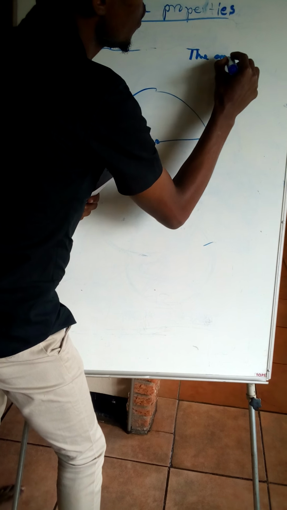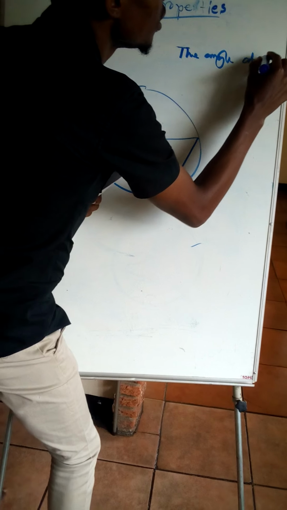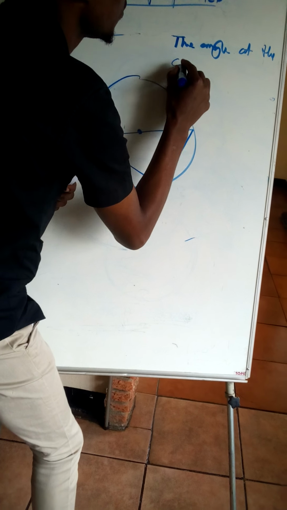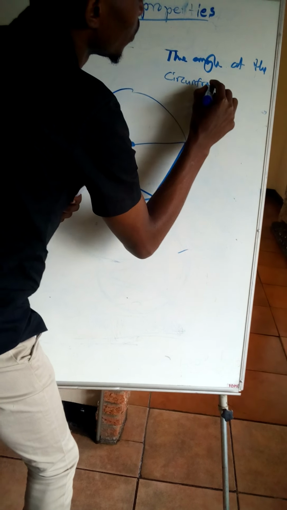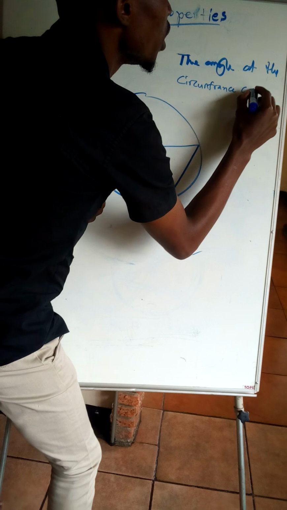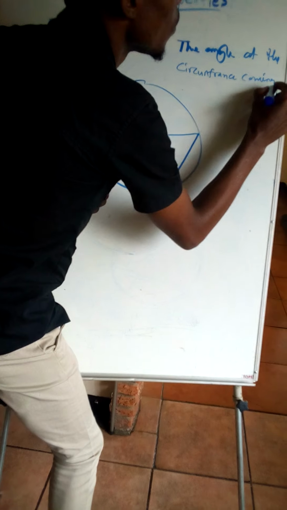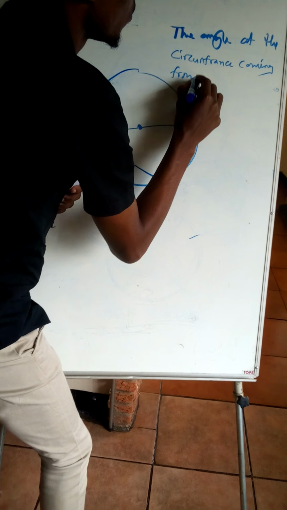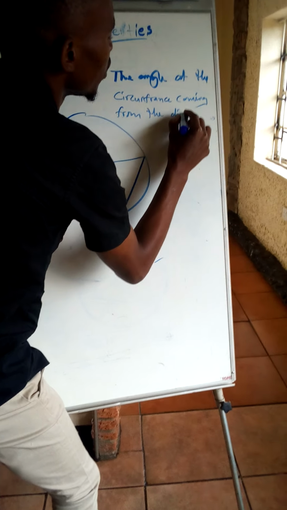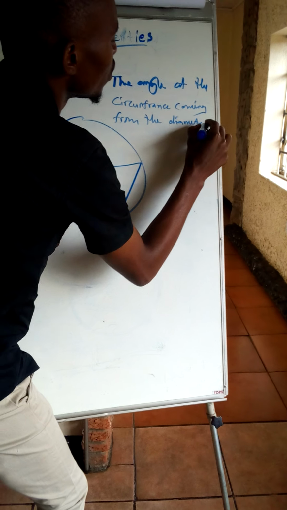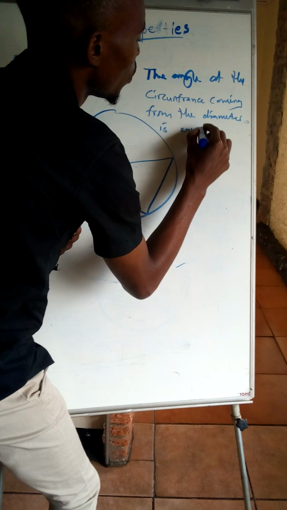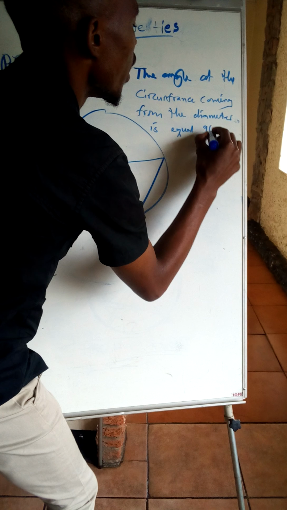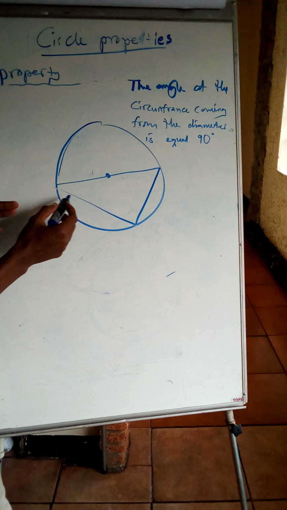The angle at the circumference coming from the diameter is equal to the angle at the circumference.